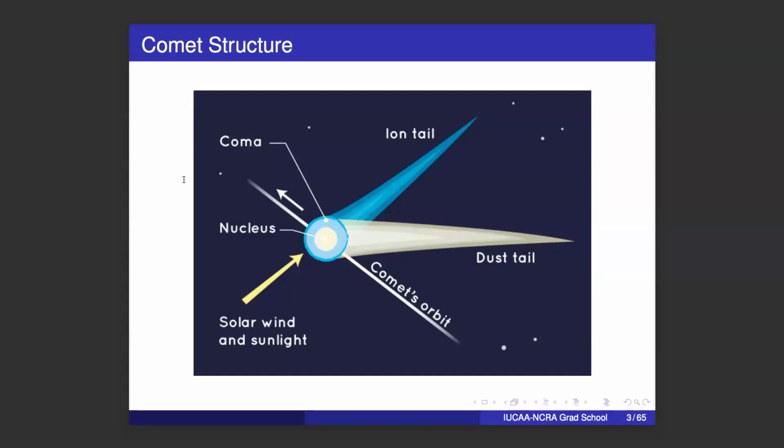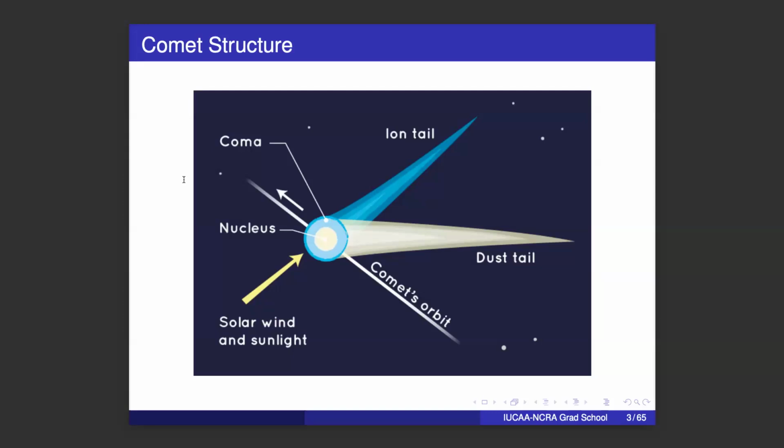So the solar wind, which is coming radially out from the sun, and sunlight, of course, also coming radially outwards from the sun, are the things that drive the ions. These are charged particles, and the dust tail contains mostly uncharged particles coming out of the comet. And the charged particles tend to align radially along the direction of motion of the solar wind.